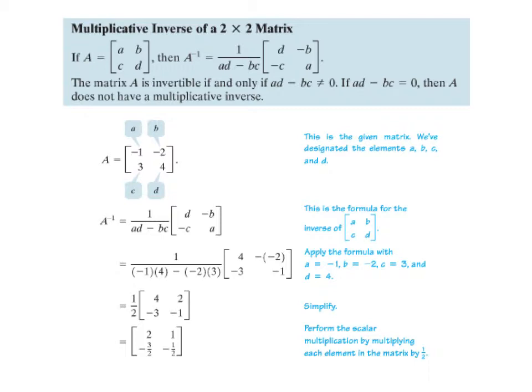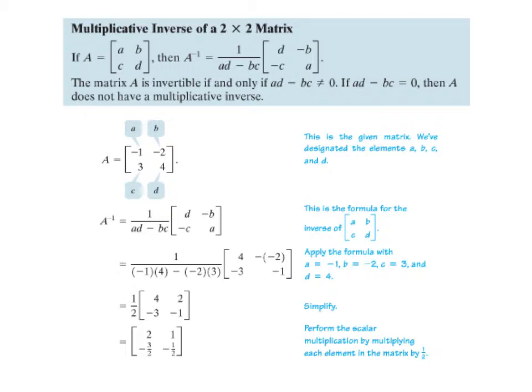We don't change them at all, we just switch them. Next, with the second diagonal, from bottom left to top right, we don't switch them this time, we multiply them by -1. We change their signs. So all we do is switch a and d and change the signs of b and c.